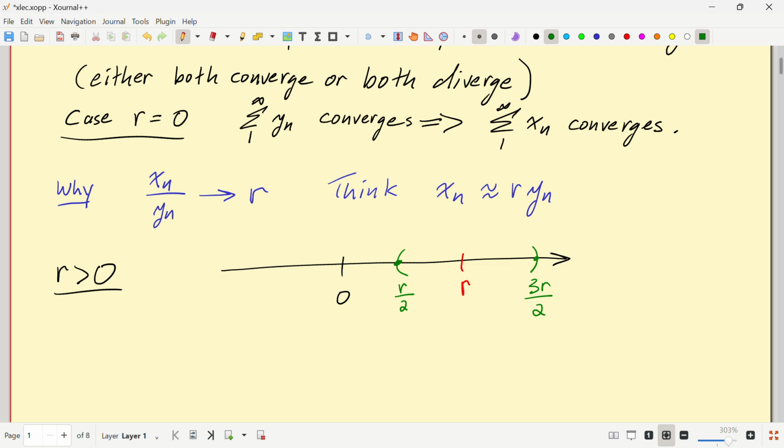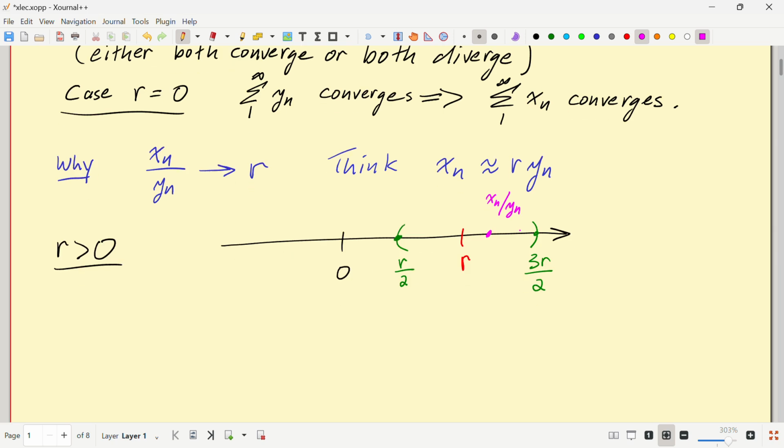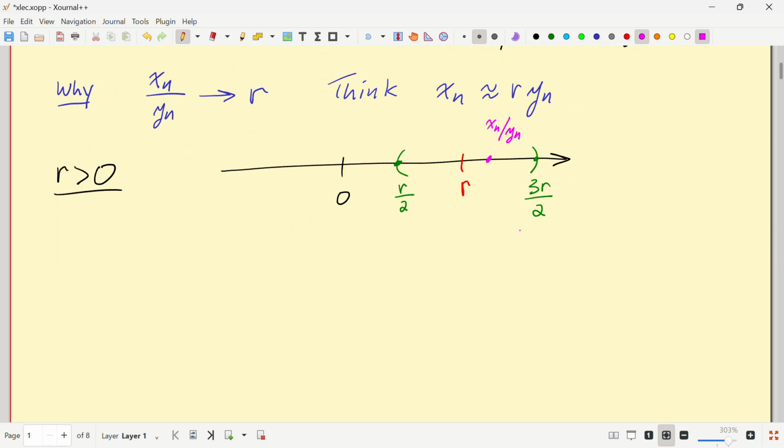Okay. And so xn over yn is stuck in here somewhere eventually. And that's going to be a good thing, because then I'll be able to compare one side to the other. Okay, so the brilliant idea here is to let the epsilon be equal to r over 2 in the definition of limit.